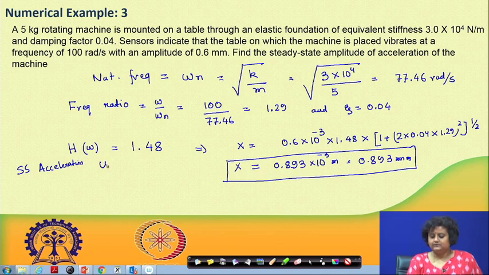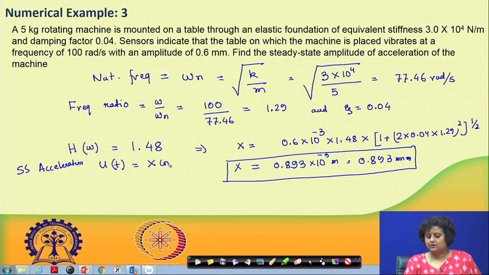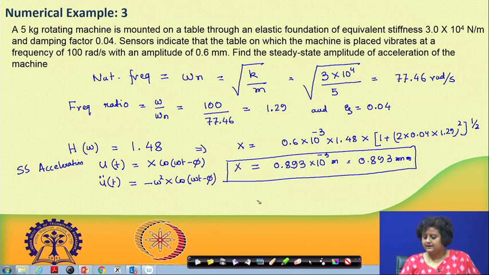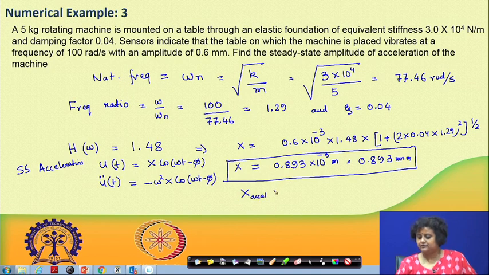So, we know that the steady state response is u(t), which is X cos(omega t minus phi). Therefore, the steady state acceleration is the double derivative of that, which is minus omega square X into cos(omega t minus phi). Therefore, the steady state acceleration amplitude, which I call X subscript acceleration, is nothing but omega square into X, where omega is 100 radian per second.